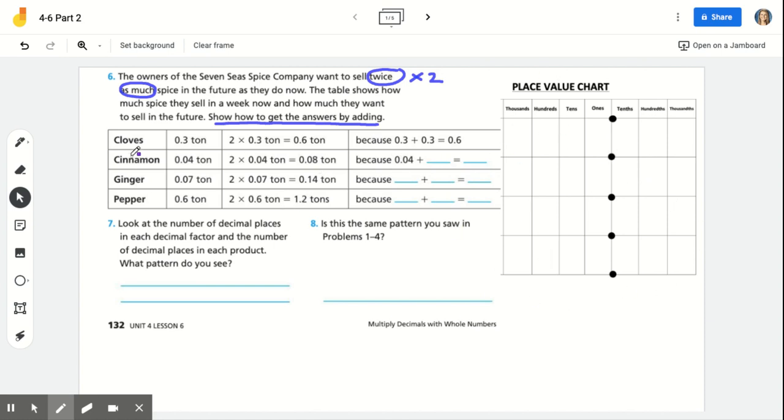For cinnamon, they said twice as much as 400ths is 800ths because 400ths plus, well, we're going to add itself again, 400ths, which is the same again as 400ths times 2.